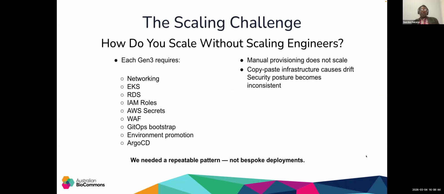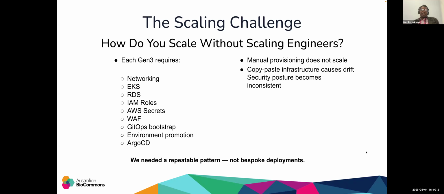So each Gen3 data commons requires a full infrastructure setup. That includes networking, IAM configuration, EKS cluster provisioning, WAF, Elasticsearch, GitOps bootstrap, and also controlled promotion between environments. And you can imagine if this work is done manually or semi-manually, the operational burden will grow linearly with the number of data commons.